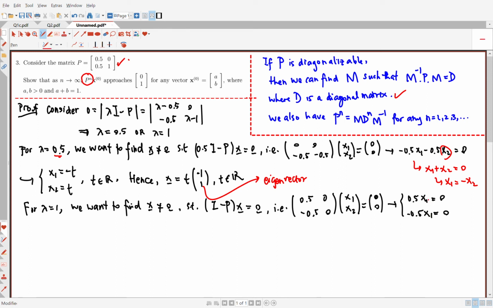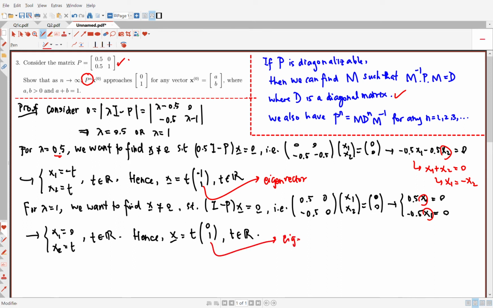Both of these imply x1 is equal to 0, and there is no restriction on x2, so we let x2 be a free parameter, but x1 must be 0. So x is just in the form of t times (0, 1), where t is a real number, and we can pick this as our eigenvector for this lambda.